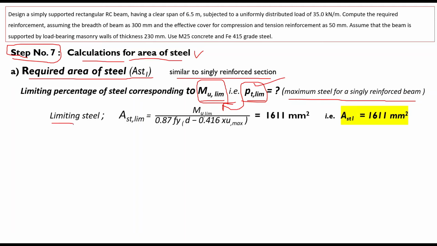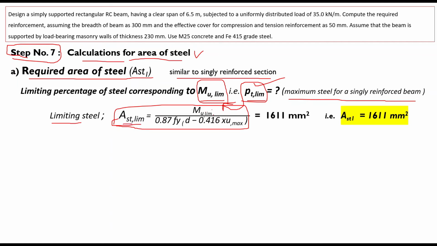Now the limiting area of steel will be found from MU limited by this formula. Earlier you may have gone through the singly reinforced design where we were using this formula. We were finding AST, and there it was MU.